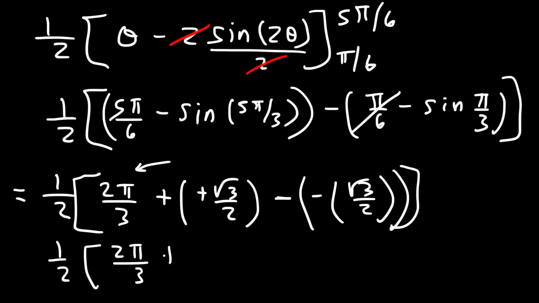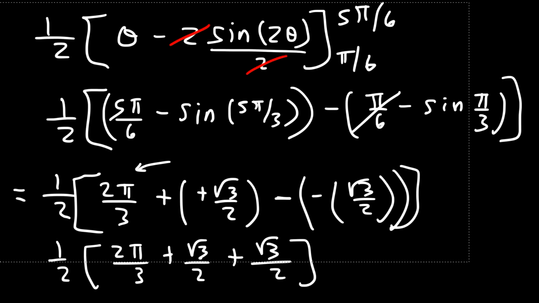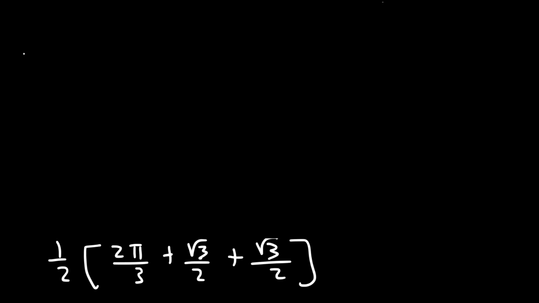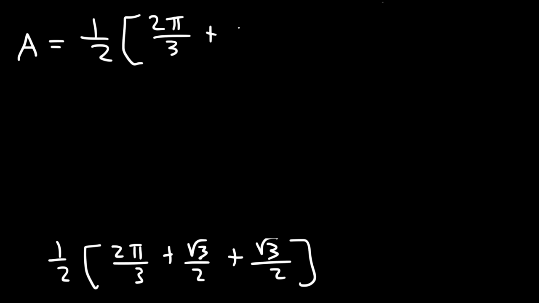And then plus the square root of 3 over 2 plus another square root 3 over 2, that's going to be 2 square root 3 over 2, which is just the square root of 3.